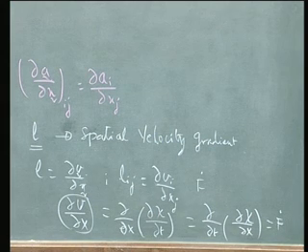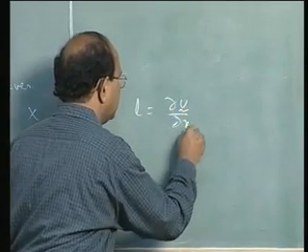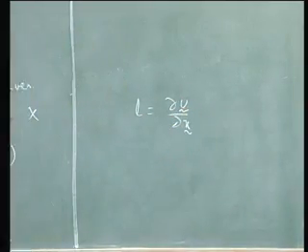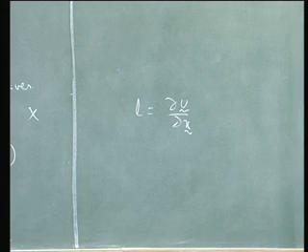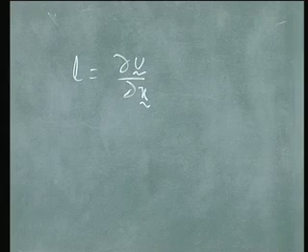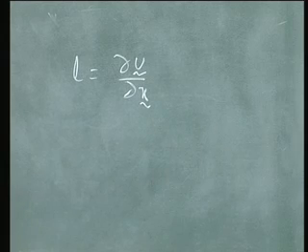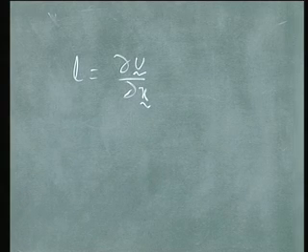Note that L is equal to dou V by dou x, and from here we do that. Then see what that is. I'm deliberately giving you this because I want you to remember what all we did. Please look at that.